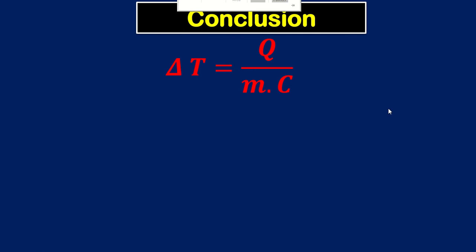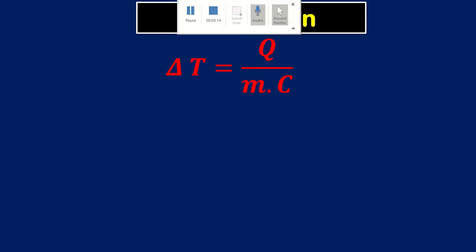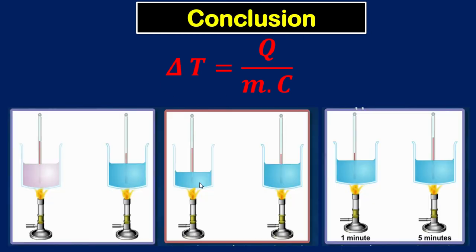So we can collect all these variables: the change in temperature has a direct relation with the quantity of heat and an inverse relation with the mass and the specific heat of the substance. Here there is a direct relation with the change in temperature, and inverse relations with the amount and the type of the substance.